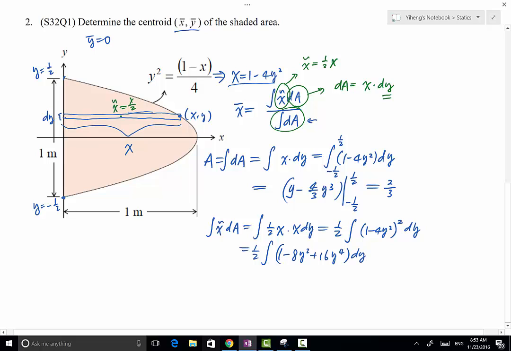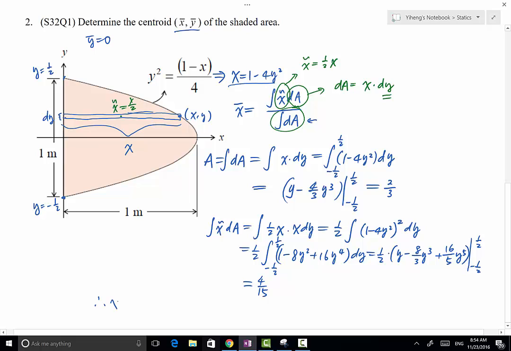Now you also have a polynomial of y, so this is again not that difficult to integrate. This is again integrated from negative 1/2 to positive 1/2. So this equals 1/2 times y minus 8 over 3 y to the 3rd power plus 16 over 5 y to the 5th power, evaluated from negative 1/2 to positive 1/2. This eventually is evaluated to be 4 over 15.